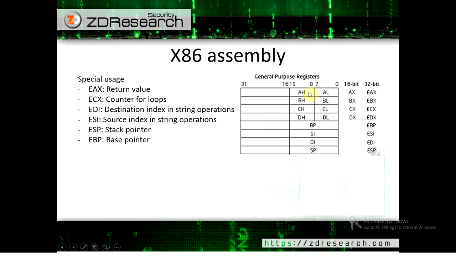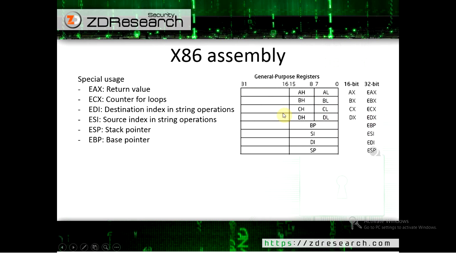And when we are going to use just 1 byte of that register, we use a smaller separation: AL, BL, CL, DL, and AH, BH, CH, DH. You can see this concept in this view. Of course, there are just 4 registers available for this kind of separation.